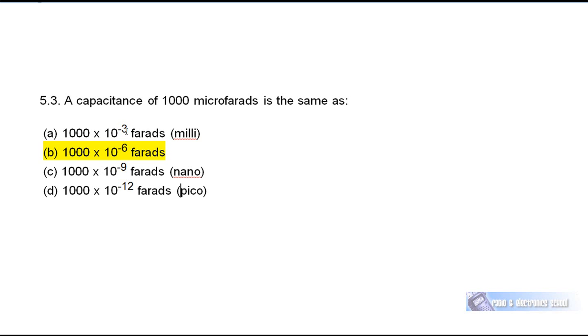10 to the minus 3 is a milli, 10 to the minus 6 is a micro, 10 to the minus 9 is a nano, 10 to the minus 12 is a pico. So that's a thousandth. That's a millionth. I know I'm doing more than just answering the question here because this is useful information to you. That's a millionth.